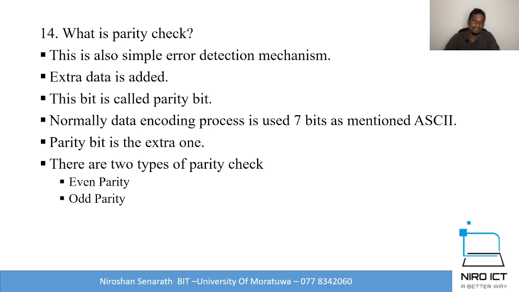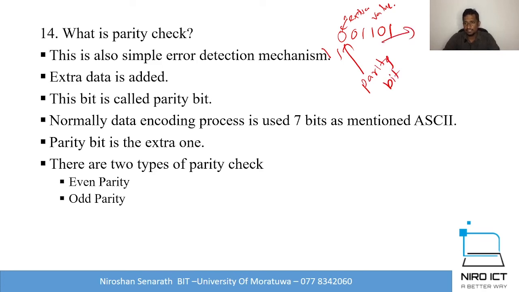So extra data is added when you are transmitting some data value. You are adding another thing. This is called an extra value. There are two types of techniques. If you are adding some binary digit, either 1 or 0, that is called a parity bit.